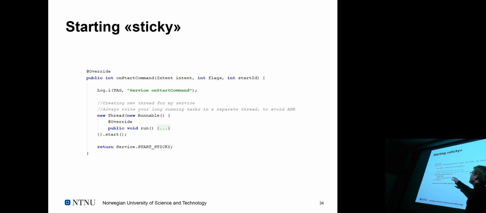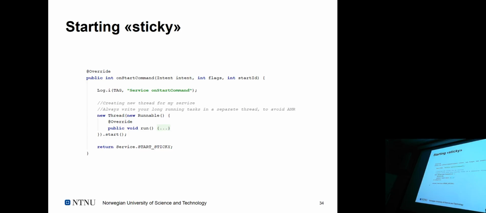So basically, I mentioned before, if you're starting a service and you want to indicate whether it should be automatically restarted by the operating system, that's how it's done. You have the onStartCommand, which returns an integer, and the integer is a constant that is part of the service class that you can return. So you tell Android how it should treat that particular service. Just bear that in mind.